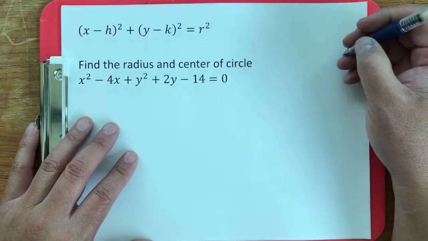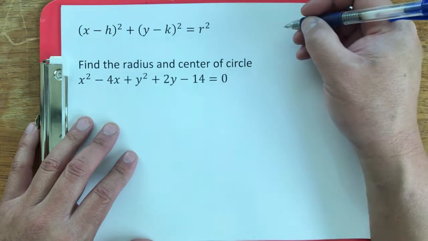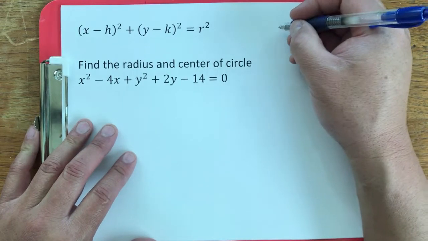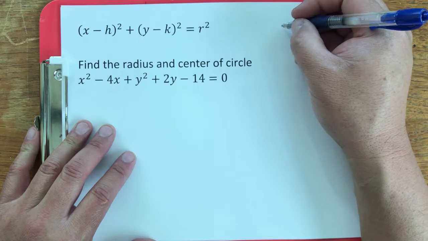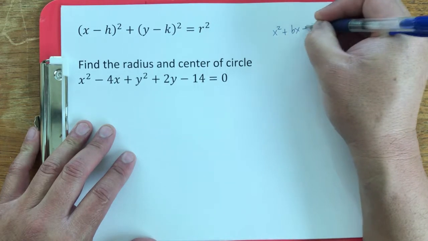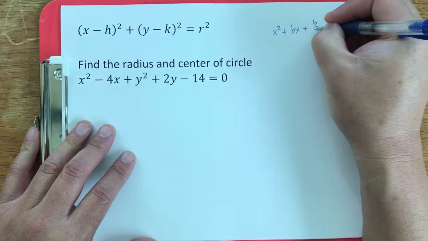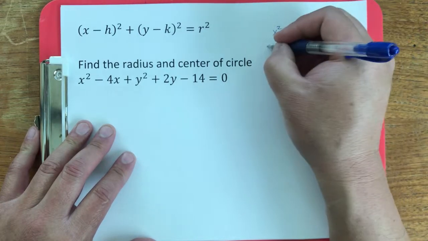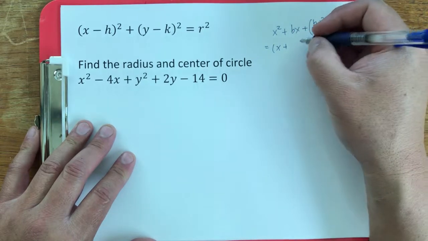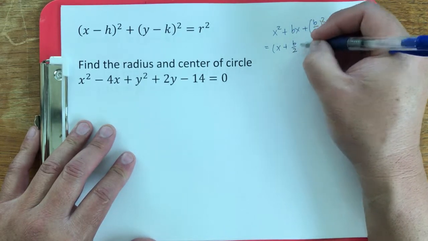And if we sort of go back to that section where we completed the square, we remember that we had this equation where x squared plus bx plus b divided by 2 squared is equal to x plus b divided by 2 squared.